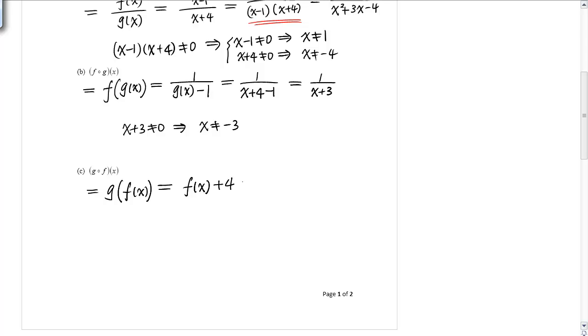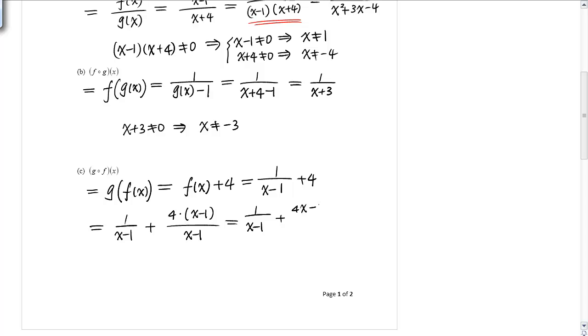And then, because f(x) equals 1 over x minus 1, this becomes 1 over x minus 1, plus 4. If you want to further simplify this, this becomes 1 over x minus 1 plus 4 times (x minus 1) over (x minus 1), which equals 1 over x minus 1 plus (4x minus 4) divided by (x minus 1), and then add the numerators together.